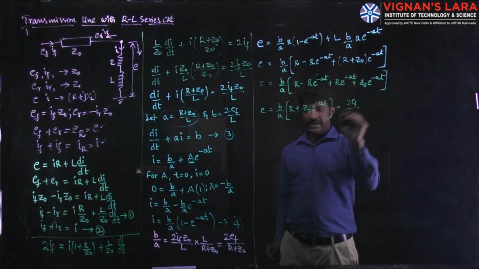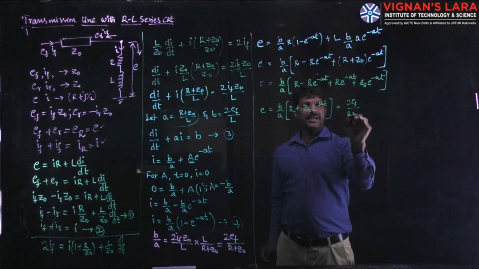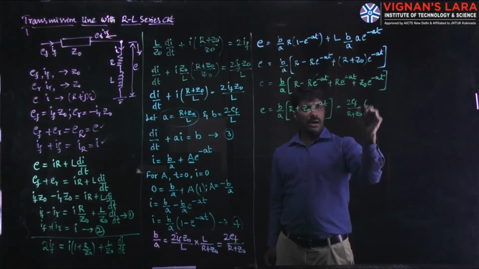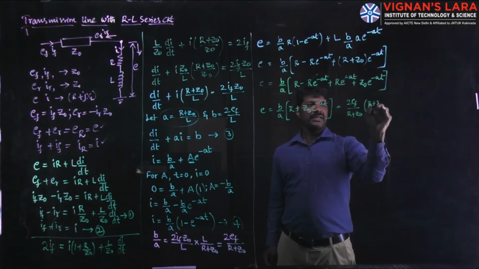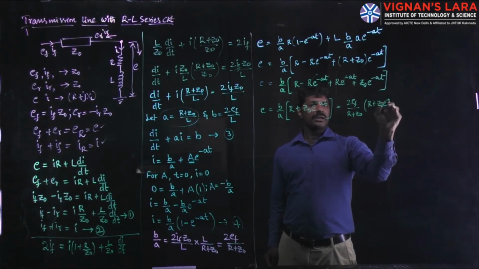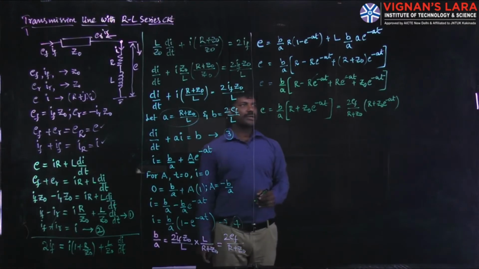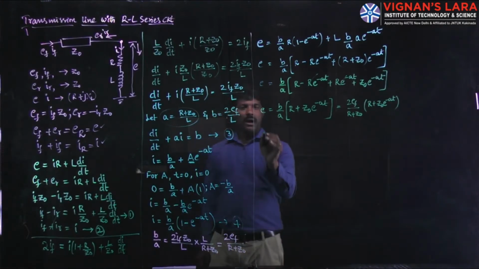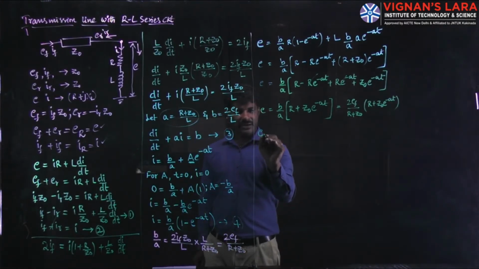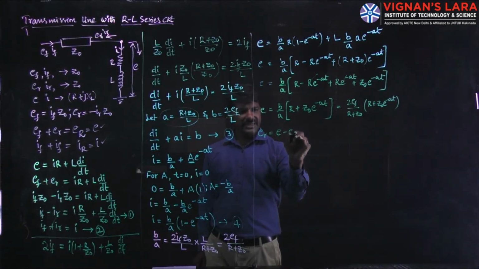2EF by R plus Z naught, multiplied by R plus Z naught into e to the power minus at. This much amount of resultant voltage is observed here. Also we want the reflected value. The reflected value is equal to resultant minus incident.